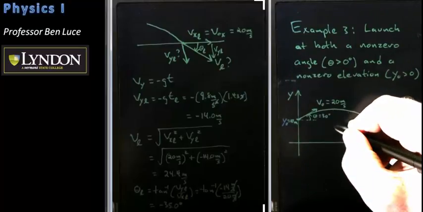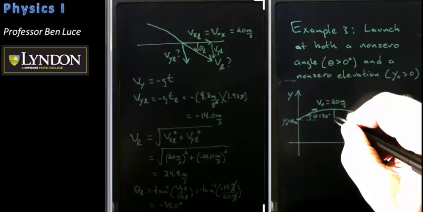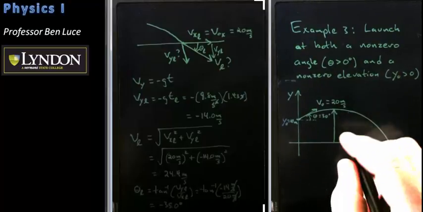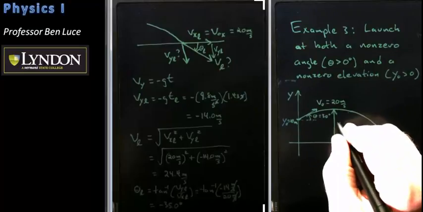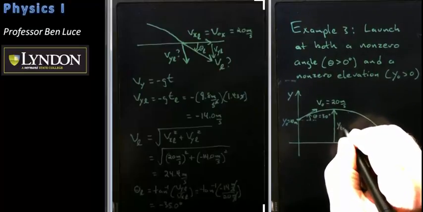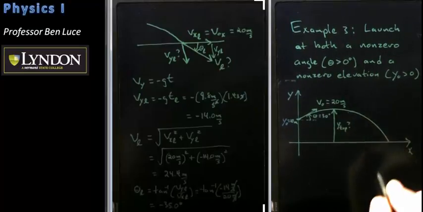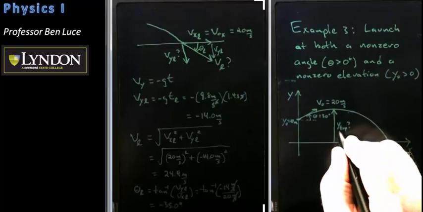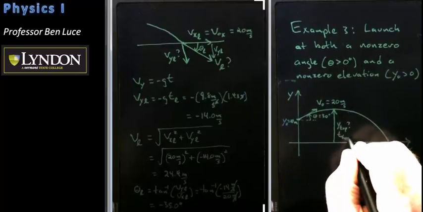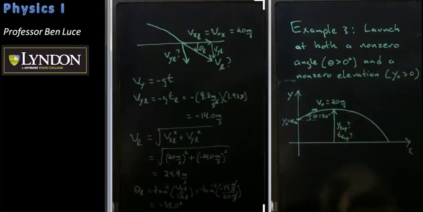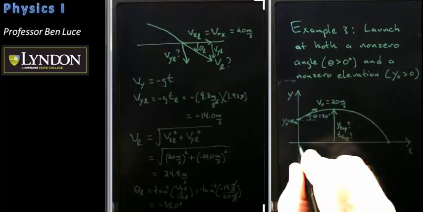All right, so we can ask a number of questions, and one of them would be, what is the maximum height that was achieved, which we will call y top? And what is the time that it got to that position? We'll also ask, what is the horizontal range?